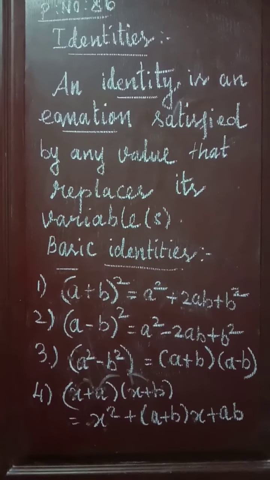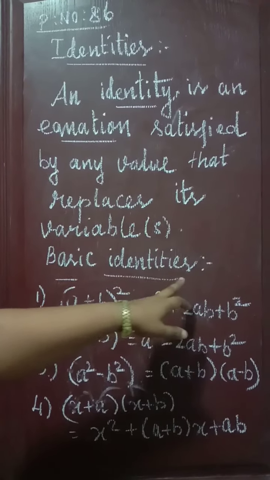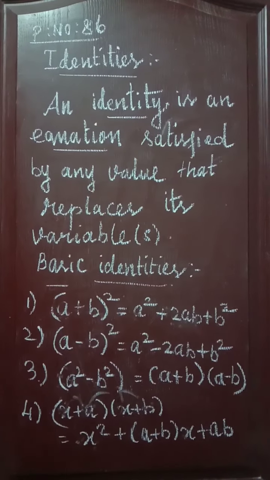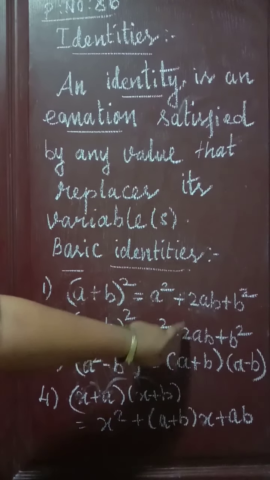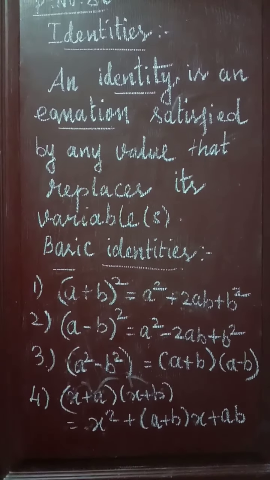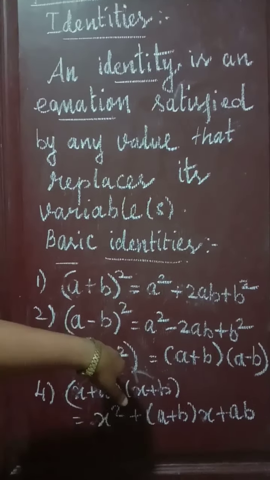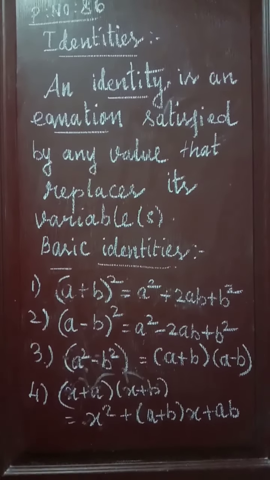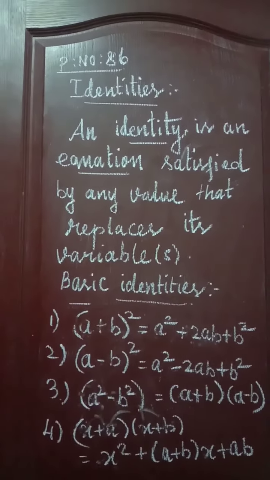Listen and say: a plus b the whole square means a square plus 2ab plus b square. a minus b the whole square means a square minus 2ab plus b square. Next, a square minus b square means a plus b into a minus b. This formula is applied in higher classes.